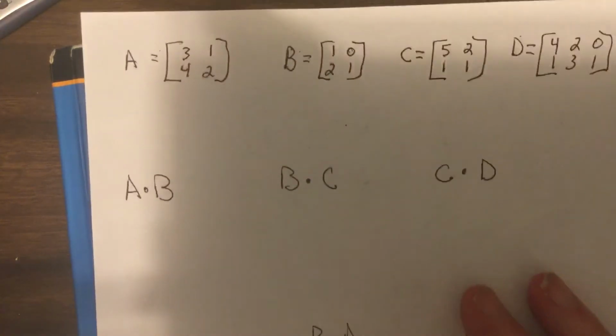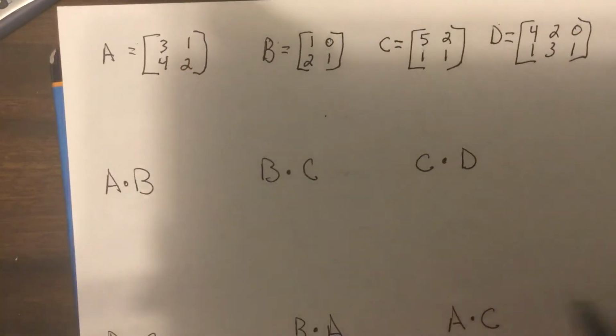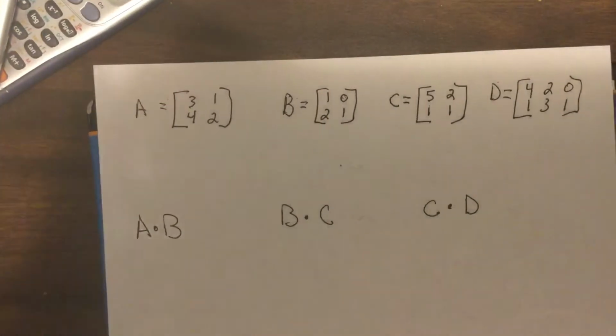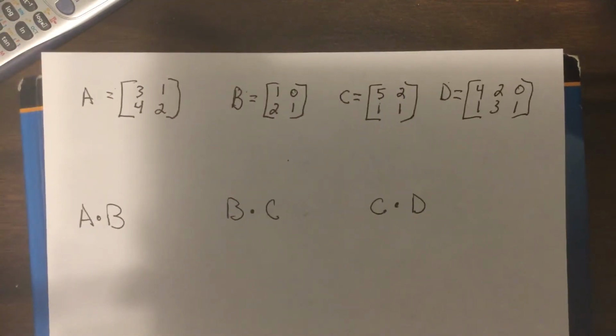So let's look at a problem. So let's say I got 4 matrices. Here we are, 4 matrices. Let's move this up a little bit. Okay, that's a little better, I think.